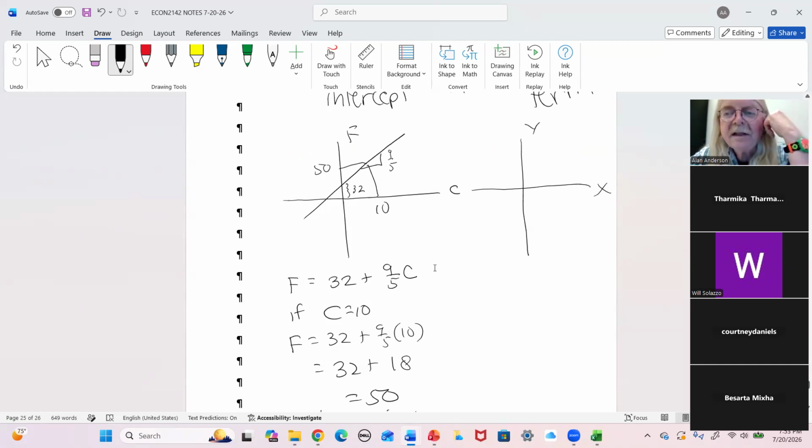It's not the case that we can say, well, it's going to be around 50. It is exactly 50 because that's how it's defined. Okay, so all the points are on this line, and they tell us how this relationship works.